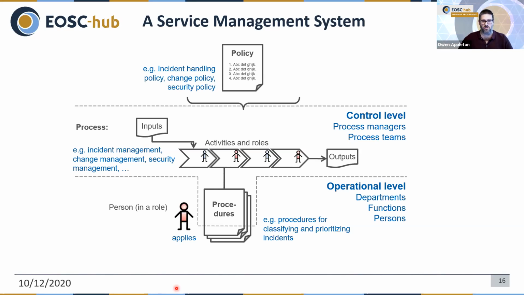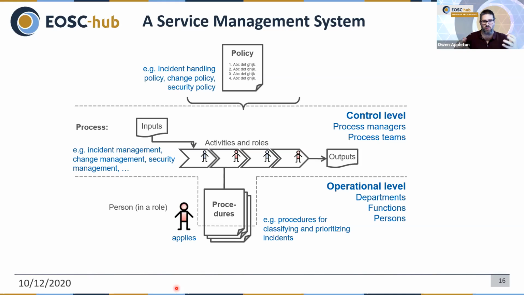In the middle, you have a control layer where you have a set of processes. Different IT service management approaches have different process models, normally somewhere between 10 and 35 different processes. I tend towards the lower end of that number, as you'll see in a minute. These processes are kind of departments, you could call them, or logical chunks within an SMS, a service management system, which deal with one particular topic.